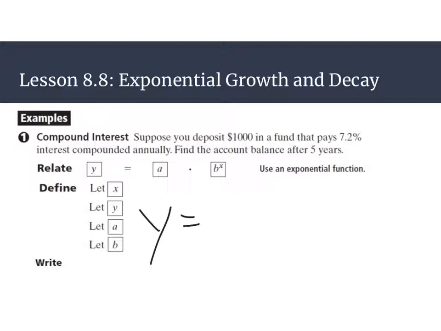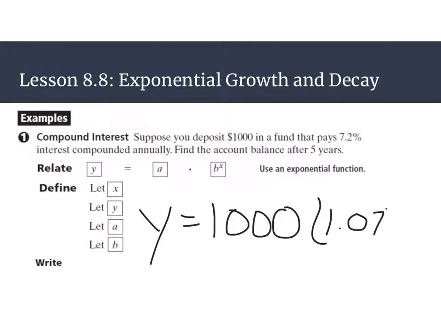So we set up our equation: y equals our initial value of 1,000 times our interest rate of 7.2%. Remember, we add that to 1 because we want it to grow, and then that is taken to the 5th power. That is how we set up and write this equation.